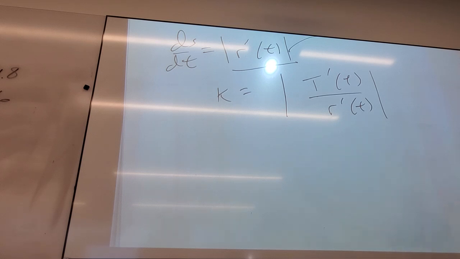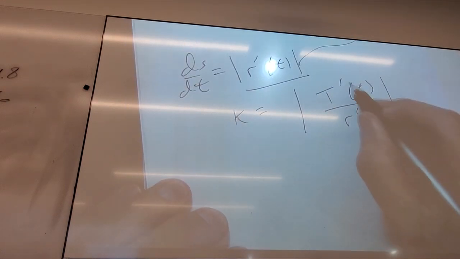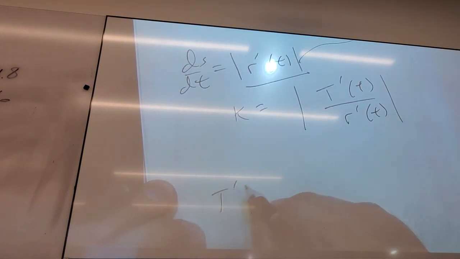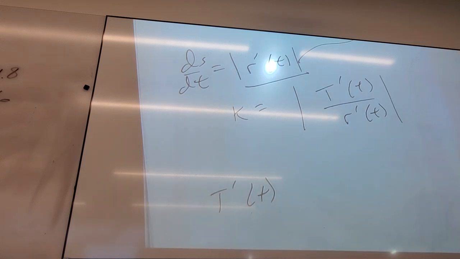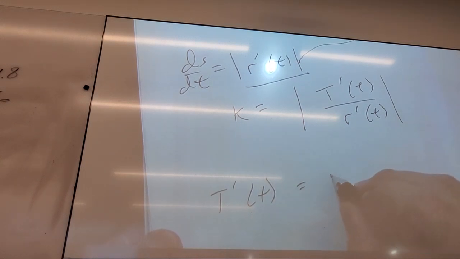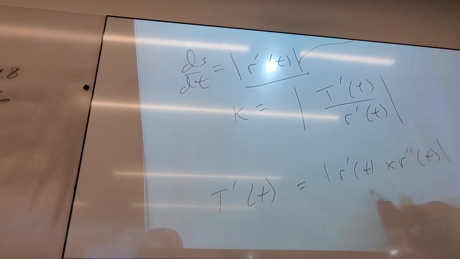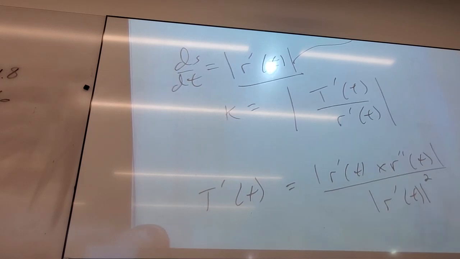There is a sequence of steps I could take as a proof. I could prove that the length of T prime of t equals the length of r prime cross r double prime divided by the length of r prime squared.